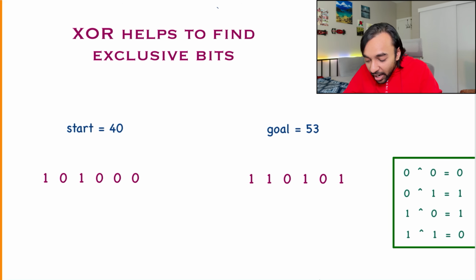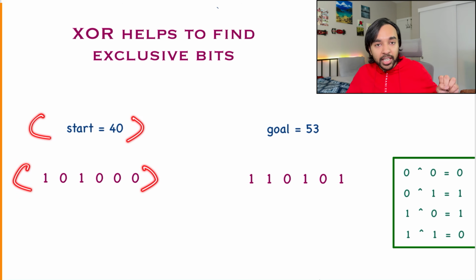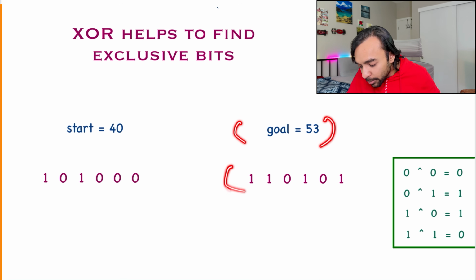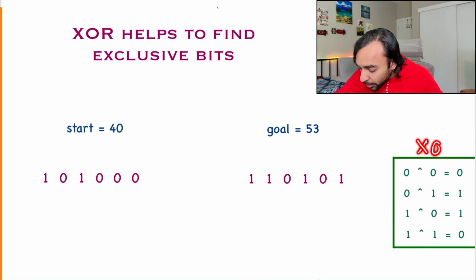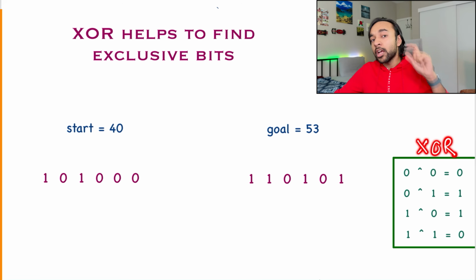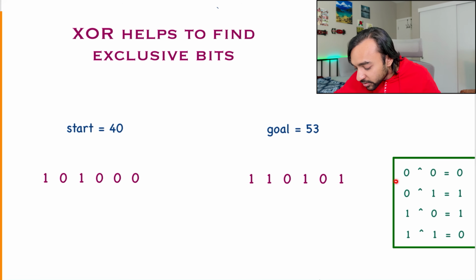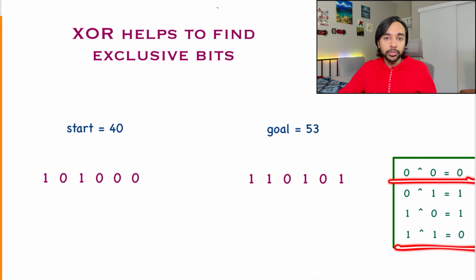So, if I have to perform some kind of an operation, I know that XOR will help me. I have the starting number as 40, which is represented like this, and I have the last number as 53. It is represented like this. If you look at the XOR operator and try to remember it, what were the operations? 0 XOR 0 is 0 and 1 XOR 1 is also 0.